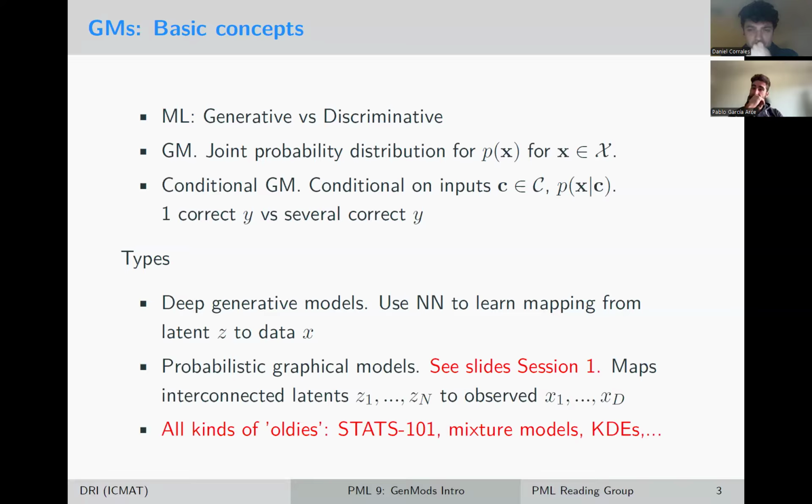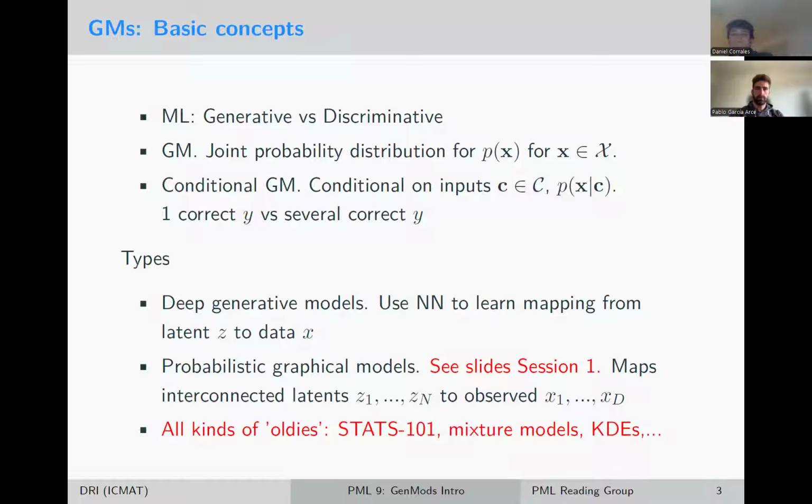So the idea in a generative model is that we need to build some kind of probability distribution for all the variables that we are interested in. I wrote X, but it could be Y and X. The basic idea is that we are not going to do P(Y given X). That's not the object of interest, but the whole. We want to get some kind of model for the whole density, right?